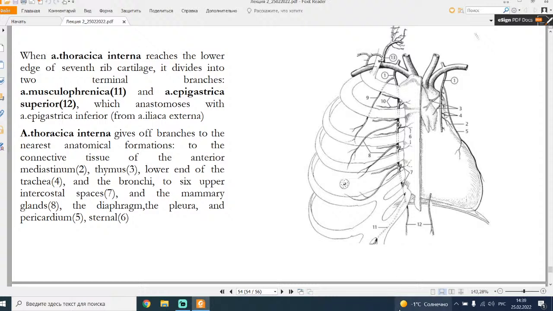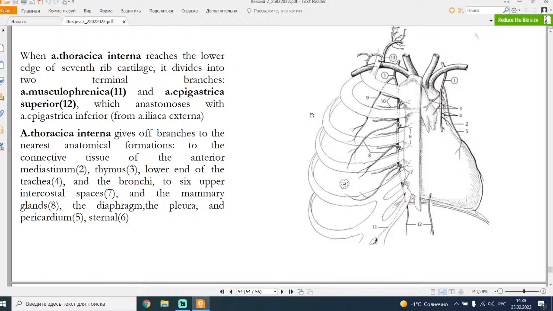Arteria thoracica interna gives off branches to the nearest anatomical formations: the connective tissue of the mediastinum, thymus, lower end of the trachea and the bronchi, the six upper intercostal spaces and mammary gland, the diaphragm, the pleura, and pericardium, and sternal branches. There are many branches.